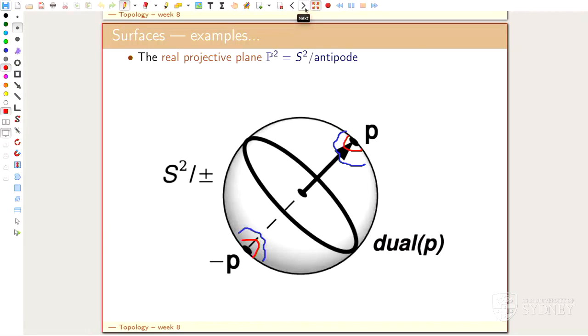But we would still need to identify opposite points because they still lie on the same line. And we end up with a surface. We have a disk neighborhood, which is always mimicked on the other side. If I move it along here, well, that's the surface.